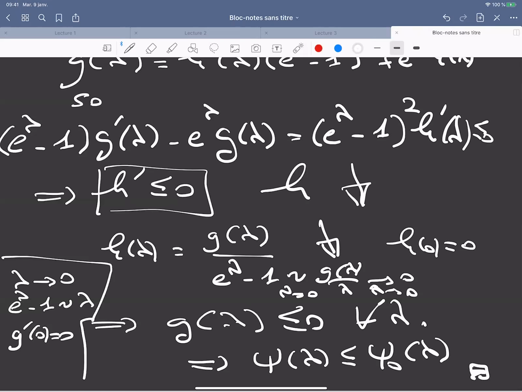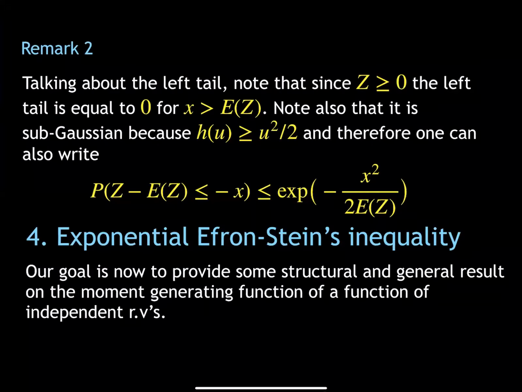So let's go back to the presentation now. And we have this nice sub-Poisson inequality.